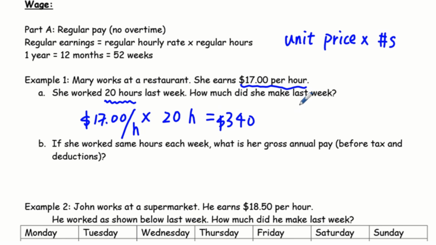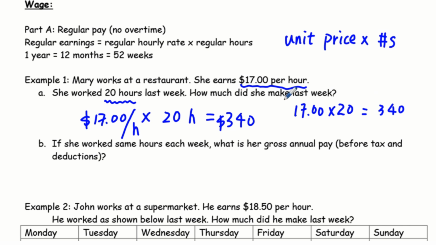And on your test, you could just give me 17 times 20. Then it's okay if you don't give me the unit. So the final one is 340.